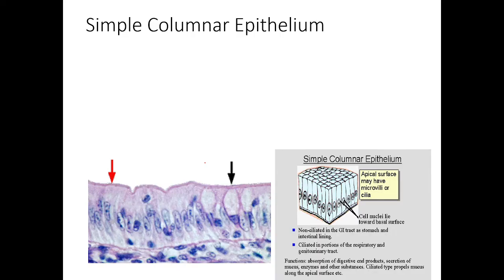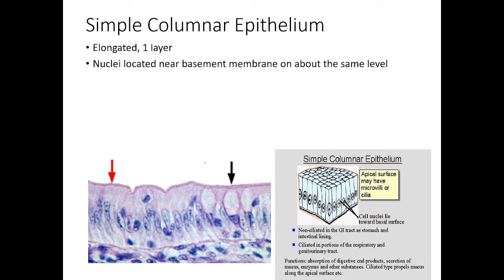The next one is simple columnar epithelium. In simple columnar epithelium, the cells are elongated in a thin layer, with nuclei located near the basement membrane at about the same level. You can see these single cells, and the nucleus is present at the base of the cell.